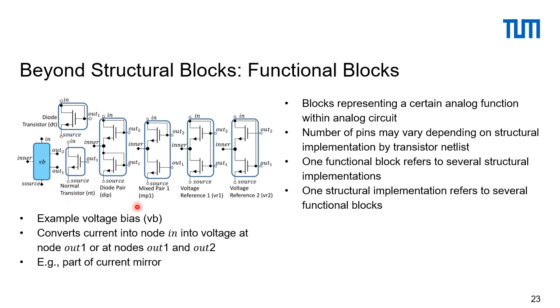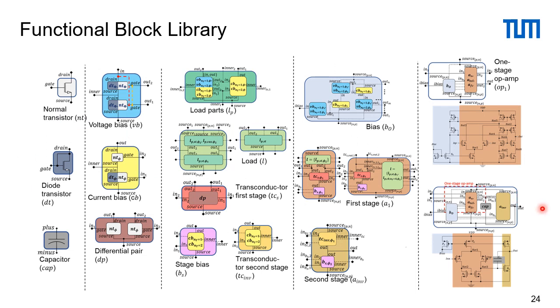We may have a number of structural implementations, but it's also the other way around. A certain structural implementation may refer to different functional blocks, not just one voltage bias. So it's not so easy, but it gives us more power actually in the end.